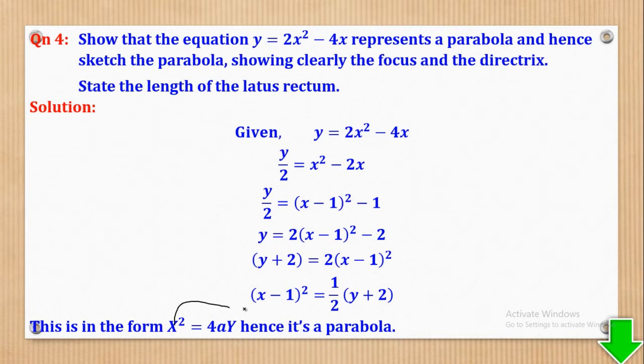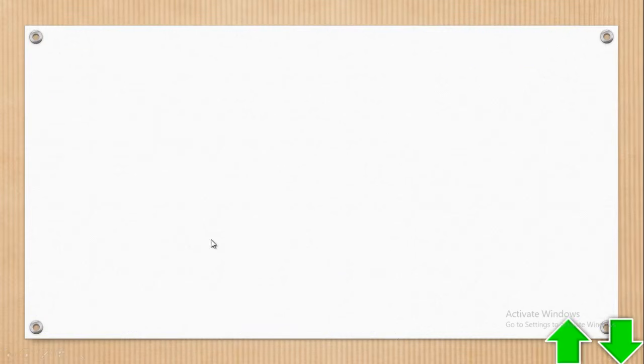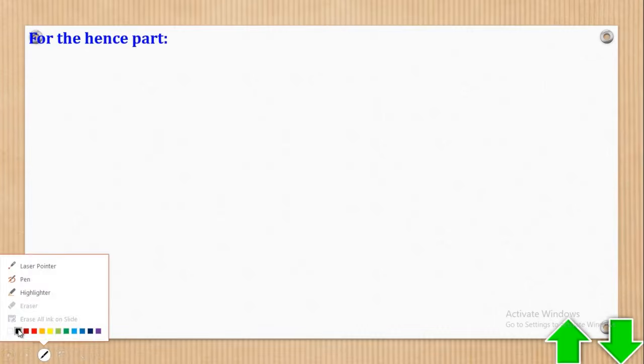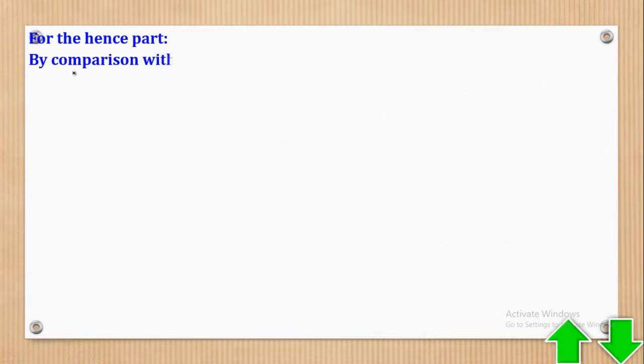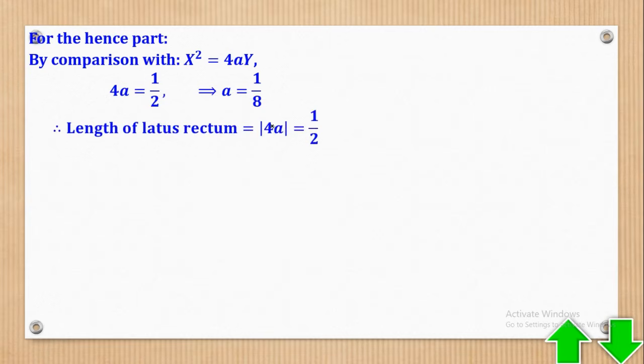So this means that capital X is equal to x minus 1, and capital Y is equal to y plus 2, and 4a is equal to 1/2. So by comparison, 4a is equal to 1/2, therefore a will be equal to 1/8. Therefore the length of the latus rectum will be 4a, which is 1/2.